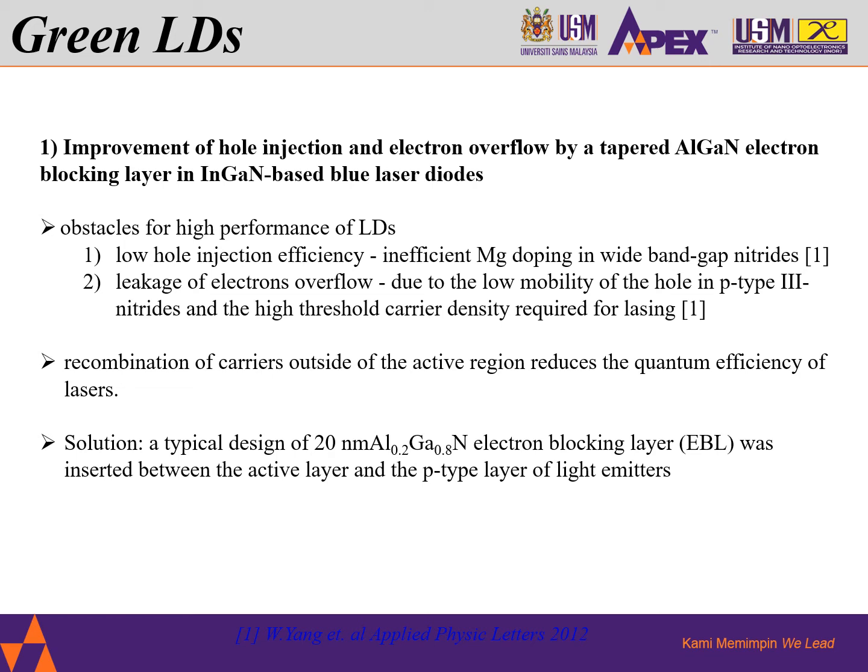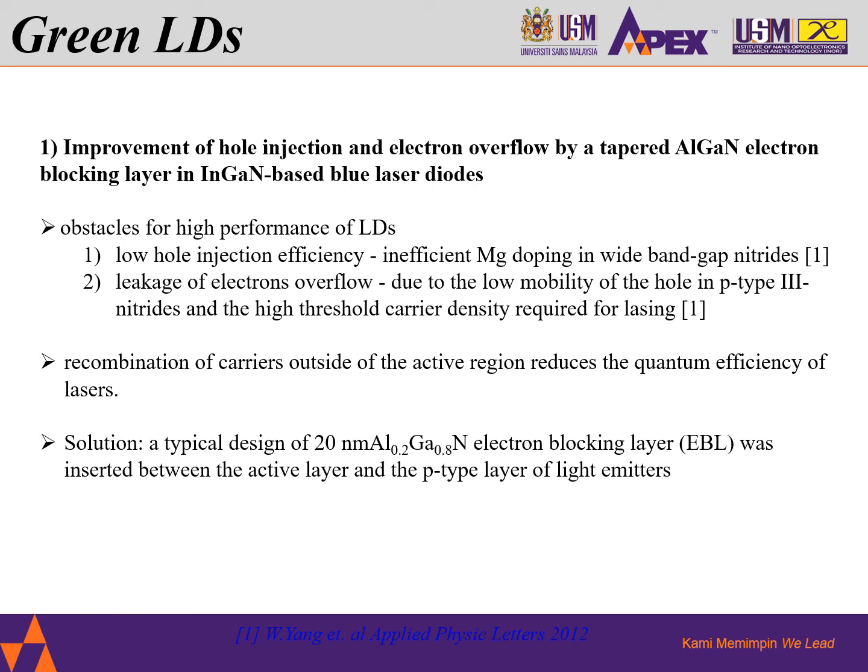There are several obstacles that still impede the high performance of LDs. The first one is suffering from a low hole injection efficiency because of the inefficient Mg doping in wide bandgap nitrides. The second one, the leakage of electron current overflow, can be very troublesome due to the low mobility of the hole in p-type group 3 nitrides and the high threshold carrier density required for lasing.